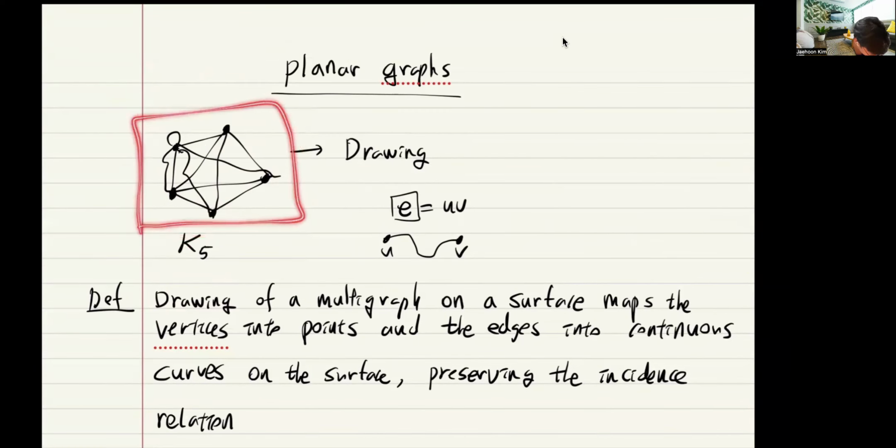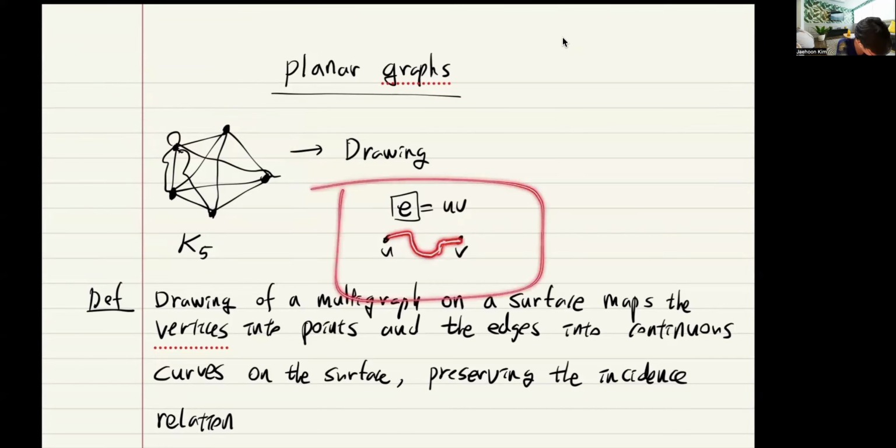So once it is drawn, now these vertices and edges have some physical, geometrical meaning. So this is a curve which consists of the points on this surface, and that has geometry.